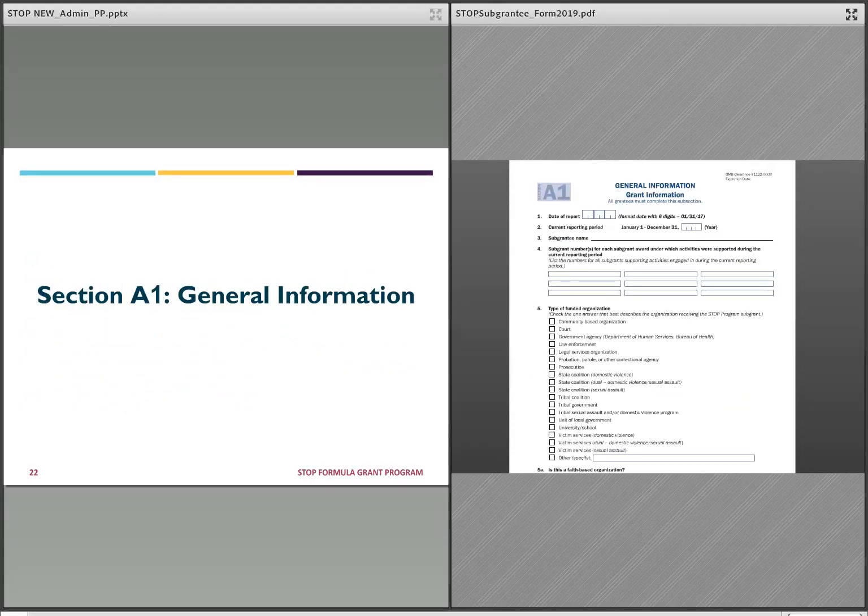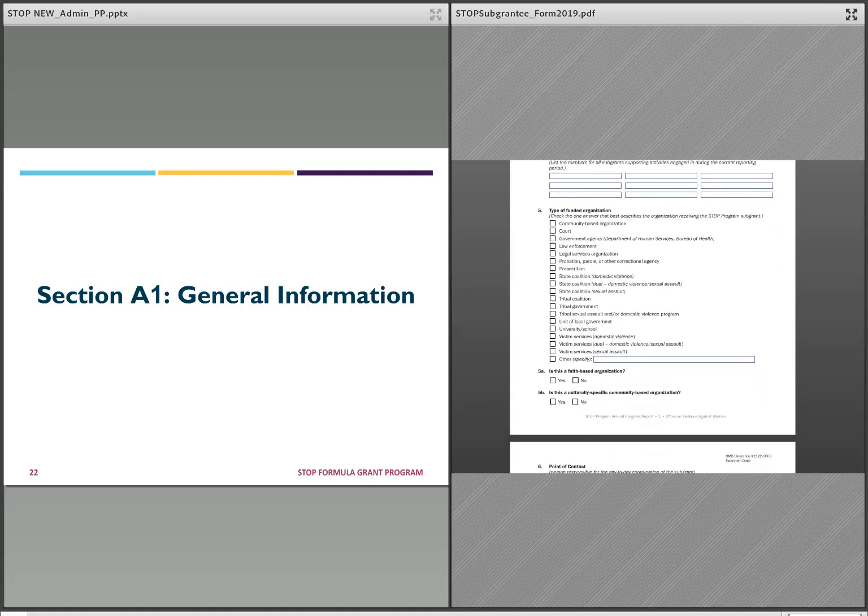The first section of the form, A1, is general grant information, which simply asks a variety of questions about the subgrantee filling out the progress reporting form and the type of agency that they work at.